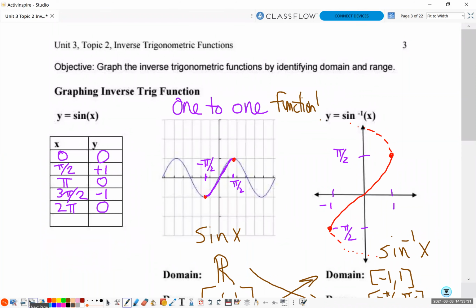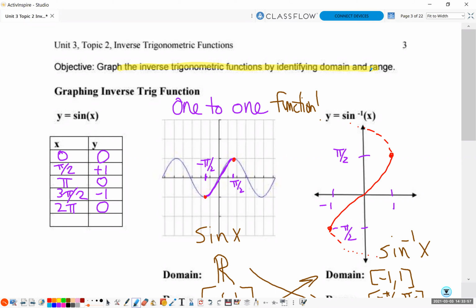All right, I already filled everything in, so that when I print the notes, because I have limited time, it has everything you need. The objective here is to graph the inverse trig functions by identifying domain and range. If you remember from inverses, an inverse is not a reciprocal.